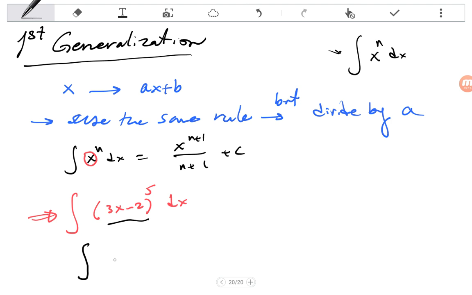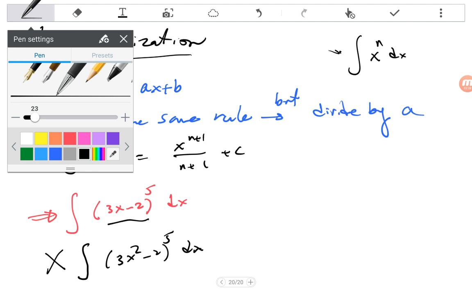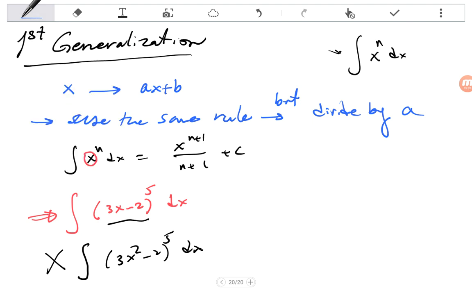If the expression was like this, 3x squared minus 2 all power 5, I can't apply the generalization in this case. Why? What is the difference between these two? This is a linear expression that took the place of x. But what about this? Is it a linear expression?